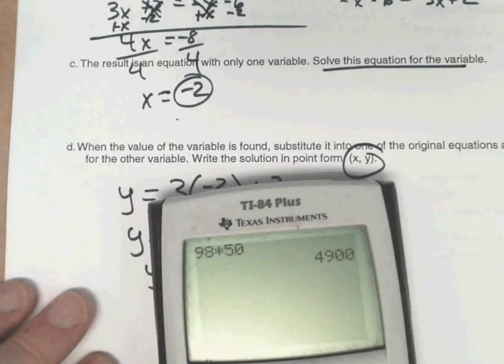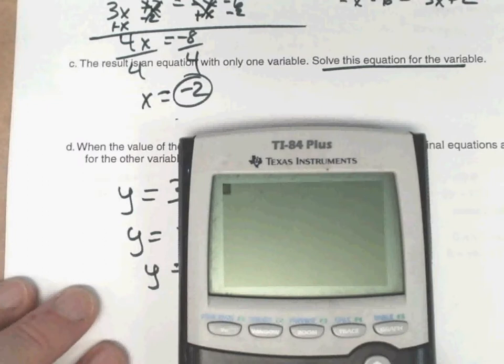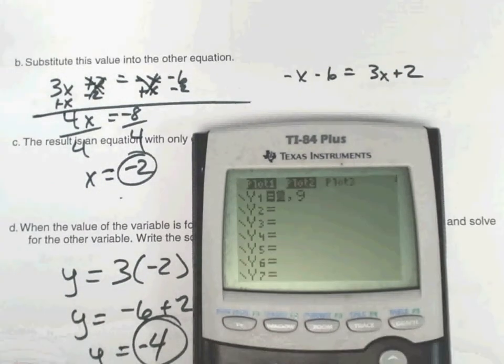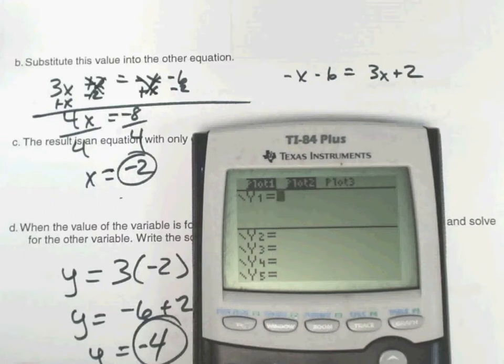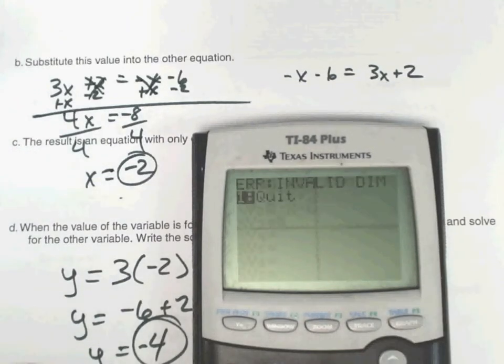Now, if you want to check that with your calculator, what I can do is enter the 2 original equations that I had. I had 3x plus 2 and negative x minus 6. I can graph it.